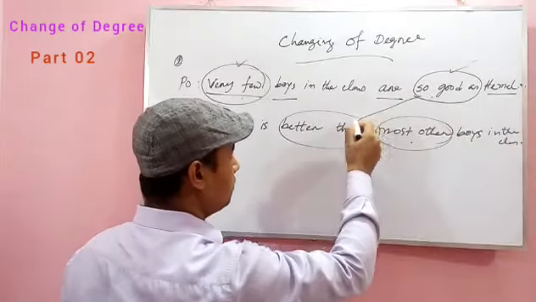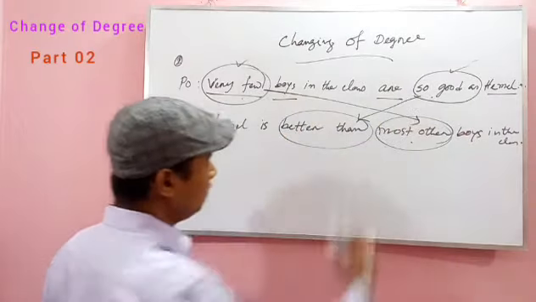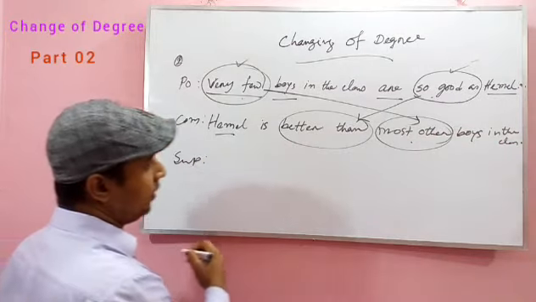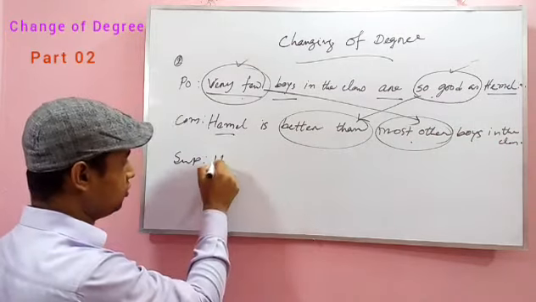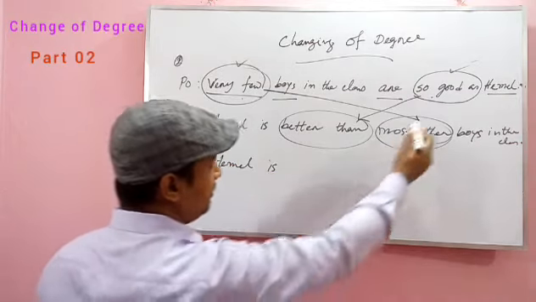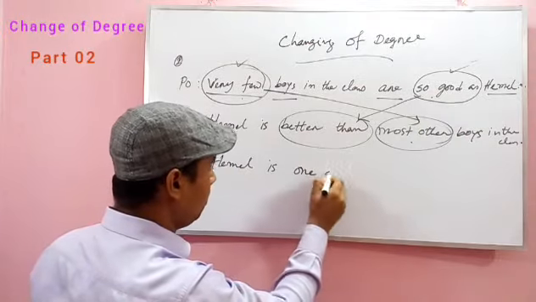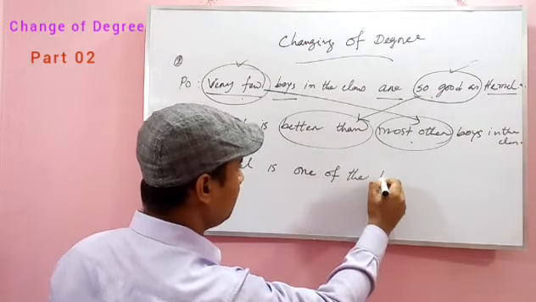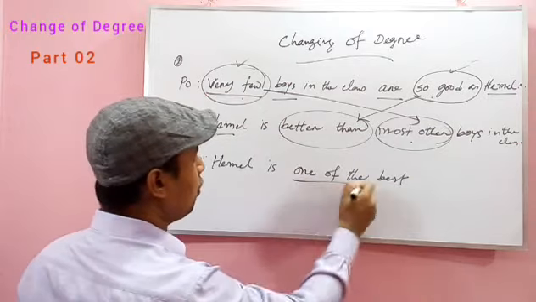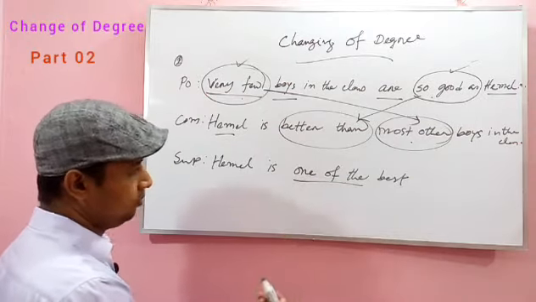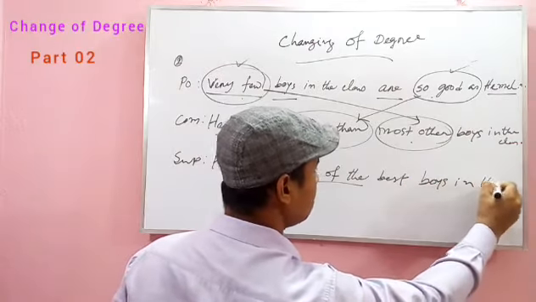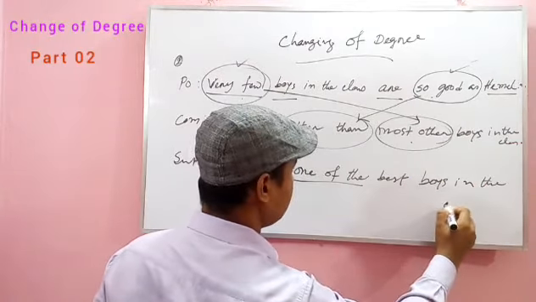Okay, then the superlative form. Himmel also goes to the first position. Himmel is, then this part changes into one of the best. When you find very few, you will give one of the best of the other boys in the class.